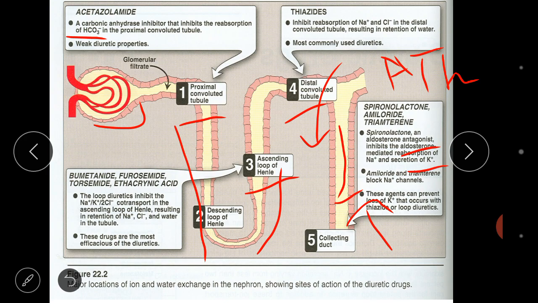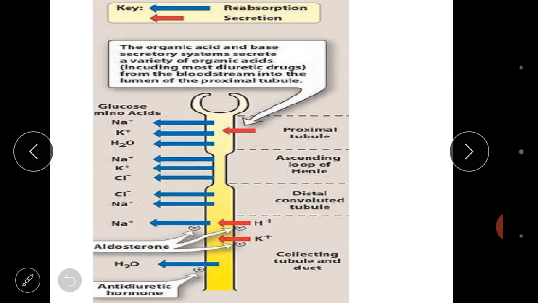If there is a deficiency of antidiuretic hormone or ADH, then you will get more dilute urine. Okay, so in the next diagram I'll show you in a simple way. The blue line indicates reabsorption and the red line is for secretion.